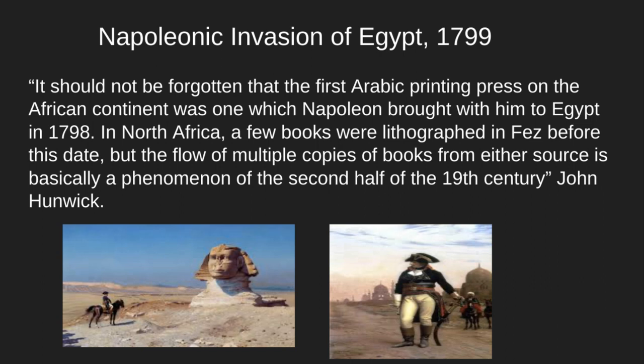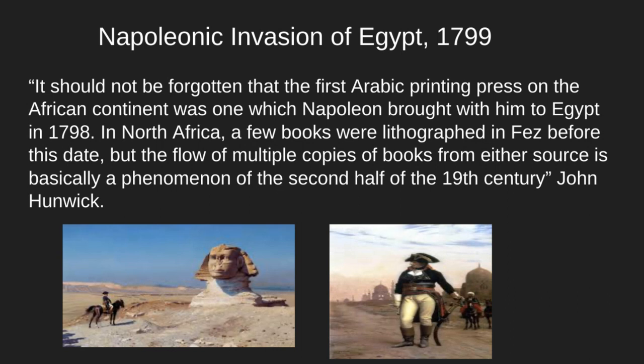As John Hunwick, the great scholar of West African literacy, observes, he recently passed away, but he's one of the most important figures in the history of Sahelian scholarship, who dedicated his life to the study of the manuscripts of Timbuktu.